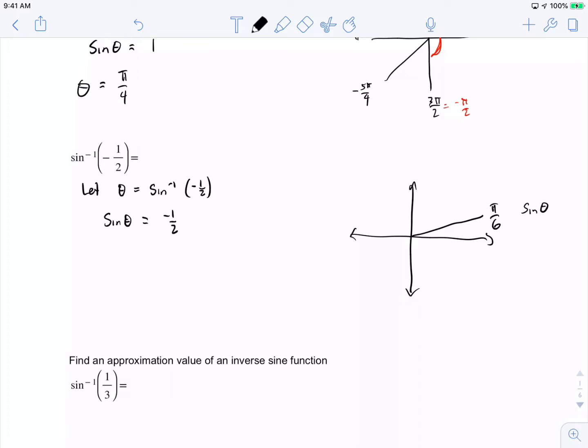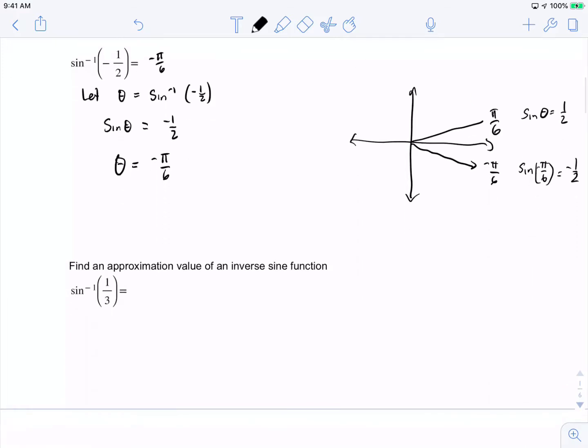So then sine of pi over 6 would be 1/2. So then at negative pi over 6, sine of negative pi over 6 would be equal to negative 1/2. It's below the x-axis, and so we know that theta is negative pi over 6, and so our answer is negative pi over 6.